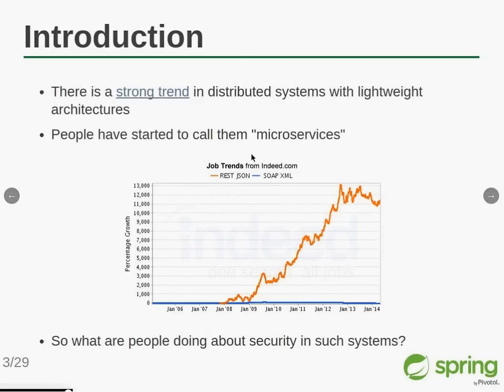Okay, so microservices, everybody's heard about them, right? There is demonstrably, I think, quite a strong trend recently towards distributed systems, number one, and with what I would call a cloud-first or a modern lightweight architecture. And people tend to call those systems microservices.